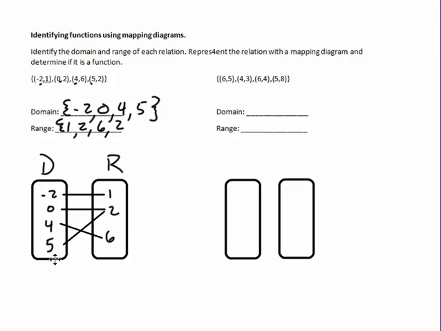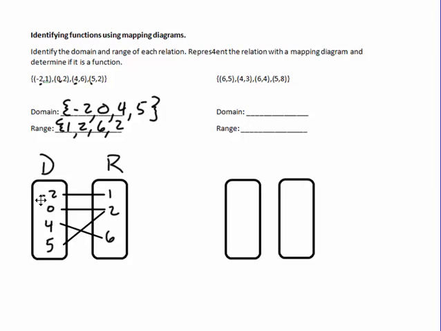Now, let's go back. Remember, in order for this to be a function, now here we're going to determine if this is a function. So my next objective, once I've mapped it all out, is to determine if it's a function. Well, I know that it's a function if every input has only one output.